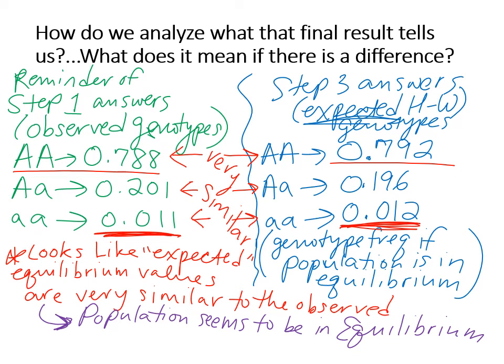And usually what I do is I'll give you numbers that are very different so that you're not questioning, well, is it close, is it not? For instance, if you're expecting 0.792, then I would give you for the observed something like 0.4, which is very different from 0.79, far away from it, so that you wouldn't have to question whether it is considered close or not.